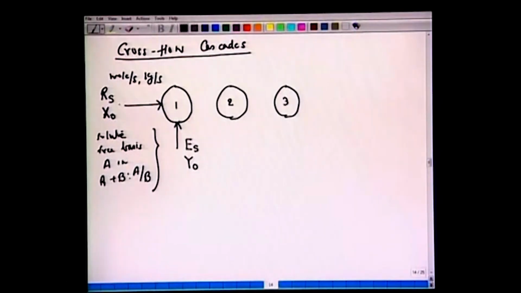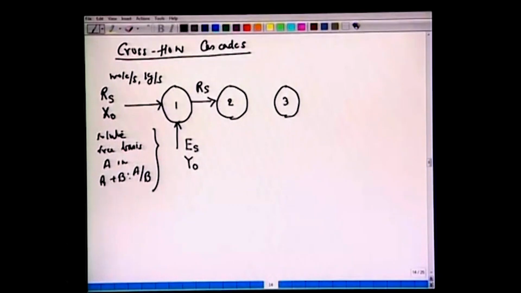So, Rs with x0 is brought in contact with Es and y0. Okay. And this stream leaves. Now, this will remain the same Rs, the molar flow rate based on A free B free basis.